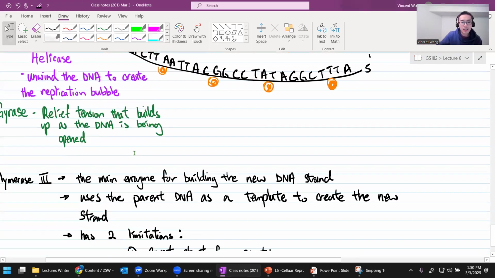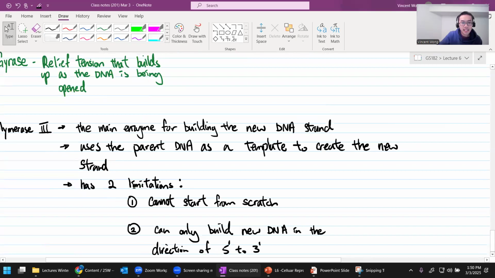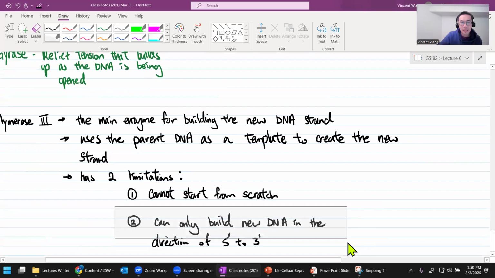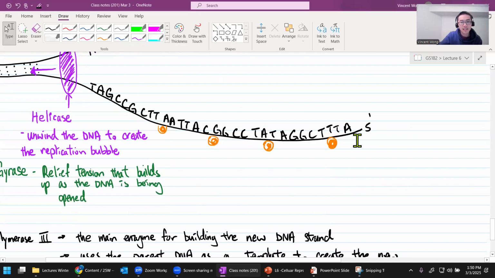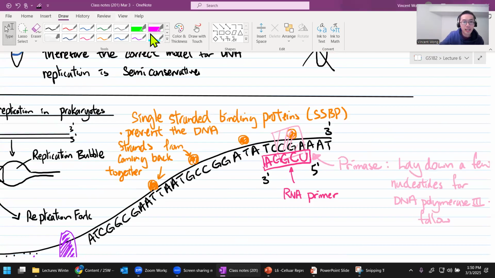And if I take a look at over here, the second limitation for DNA polymerase 3 is it can only build new DNA in the direction of 5 prime to 3 prime, which means when the DNA polymerase 3 comes, this is the DNA polymerase 3, I'm just going to label it for you.